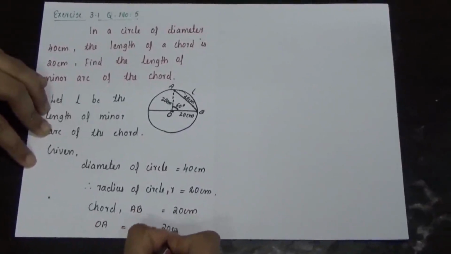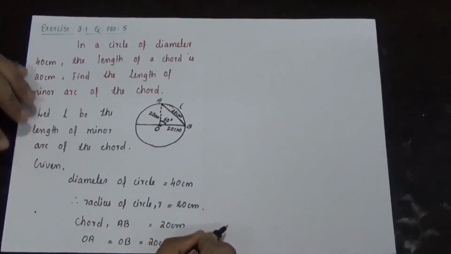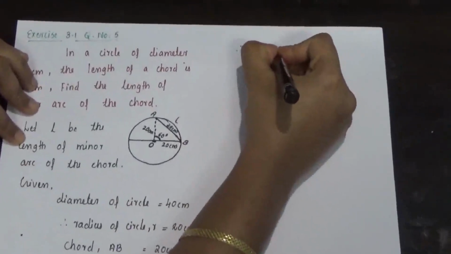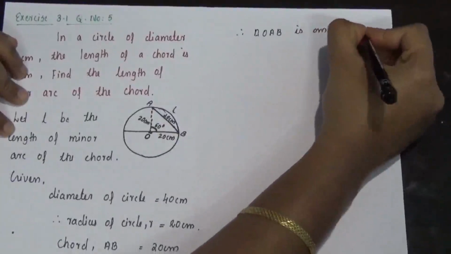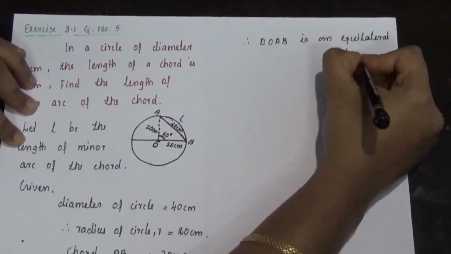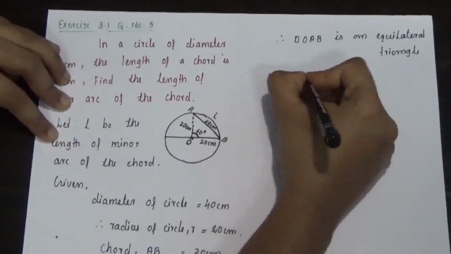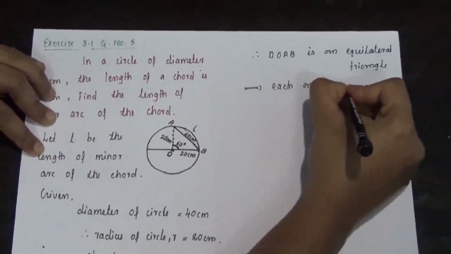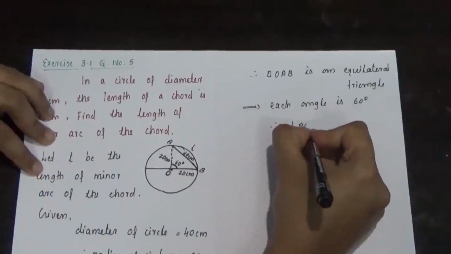Reason: radii of the same circle. Therefore, triangle OAB is an equilateral triangle. So, in an equilateral triangle, each angle is 60 degree. Therefore, angle AOB is equal to 60 degree.